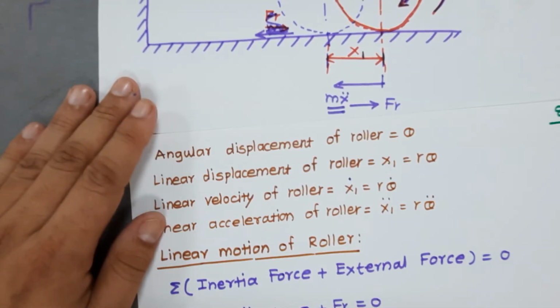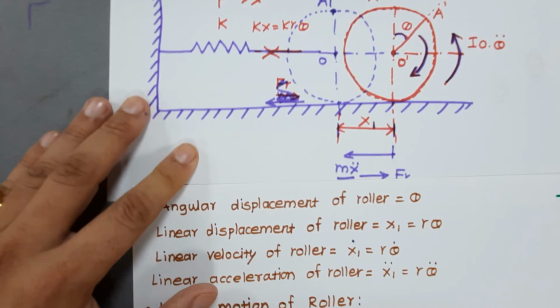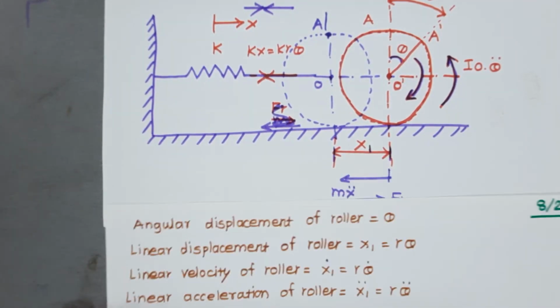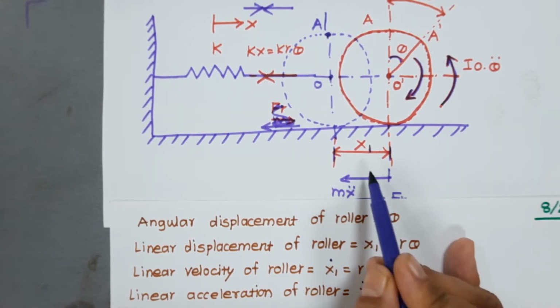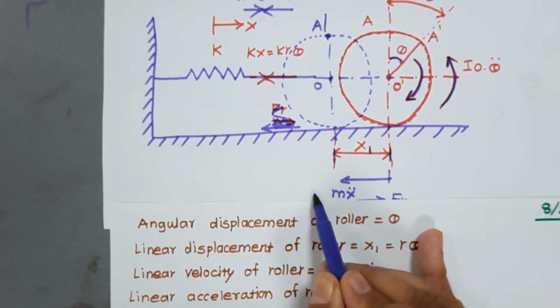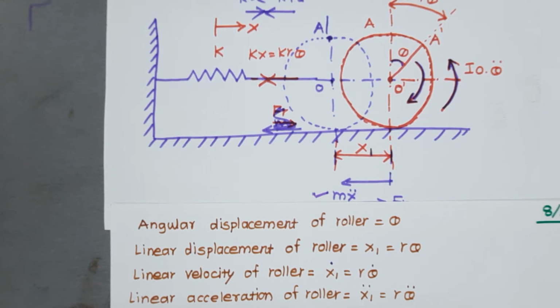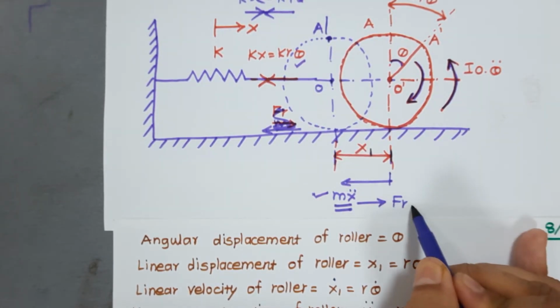What forces will be there? Inertia force plus external force is equal to 0. So observe, what is the inertia force here? For linear motion, as the roller is going to move toward the right hand direction, the inertia force acts in left hand direction, that is mx double dot. The kr theta is the second force acting, and then the frictional force is acting in right hand direction.